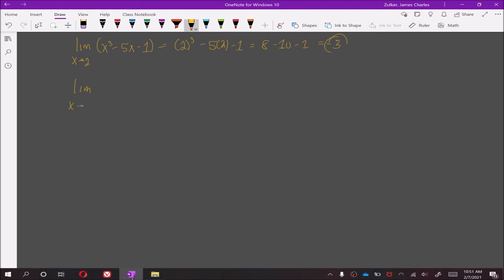Limit as x approaches negative 1 of the square root of 2x squared plus 3. Now what we're allowed to do is check negative 1. 2 times negative 1 squared is 2, plus 3 is 5. So this function is continuous at 5 for the square root. So we can just do this. And then say this is the square root of 5.